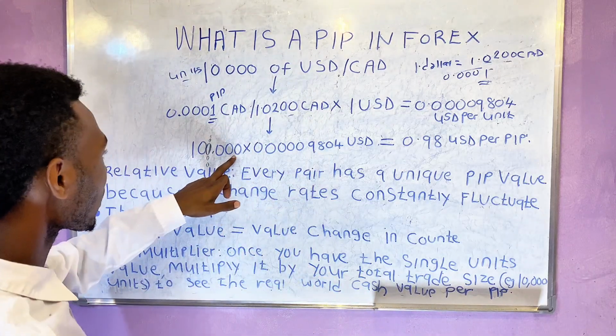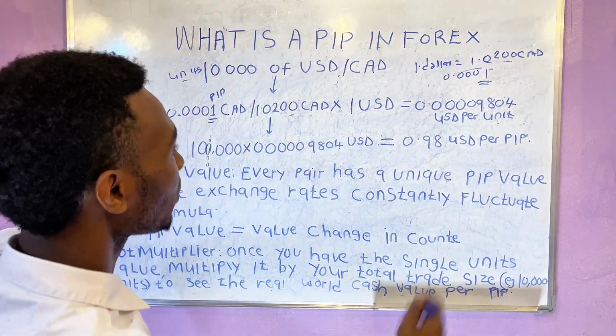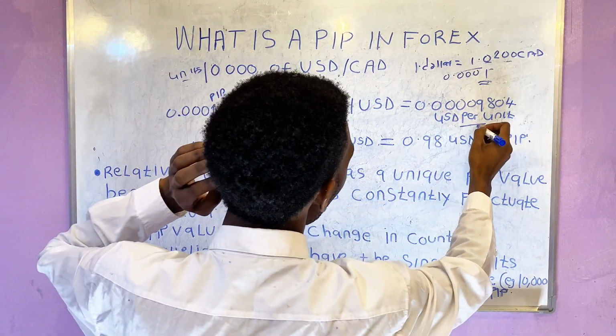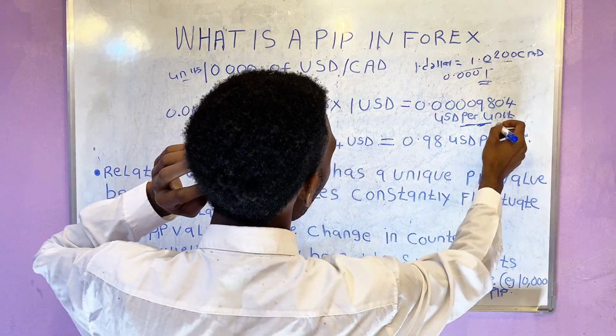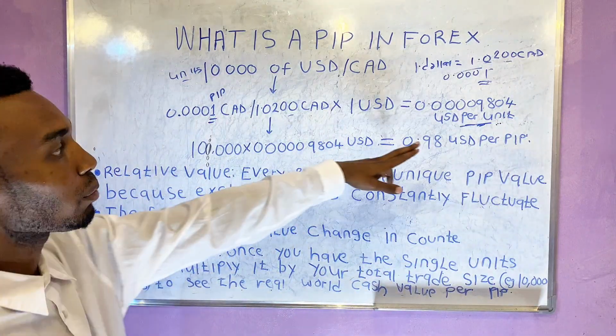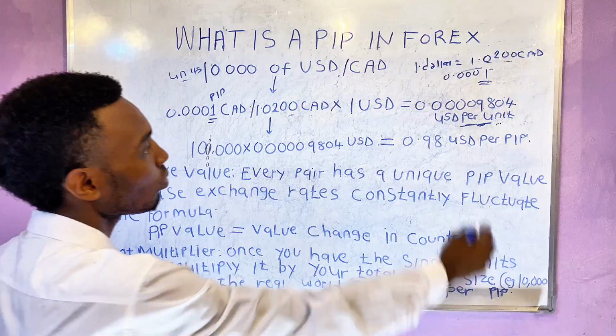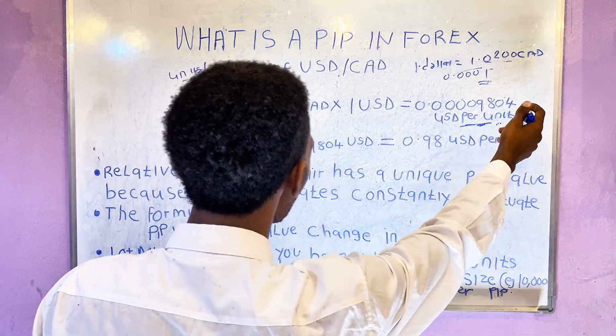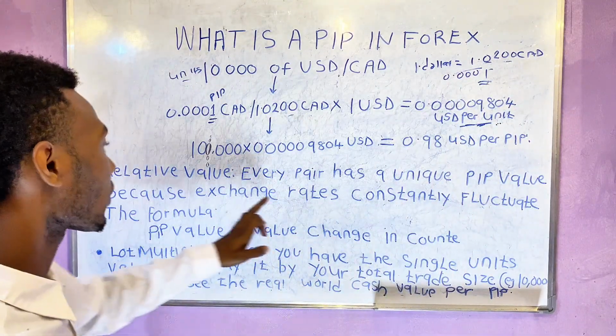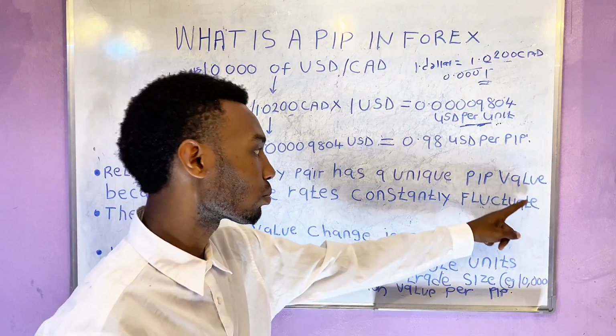Now you see, these are the dollars per unit. That is PIPs per unit. It is 0.0009804.